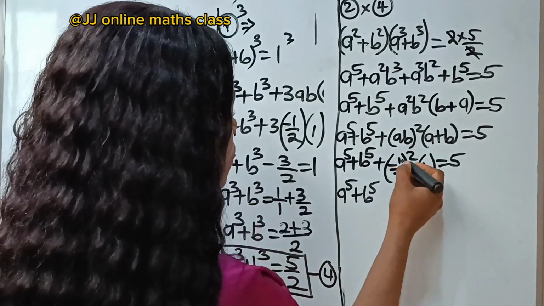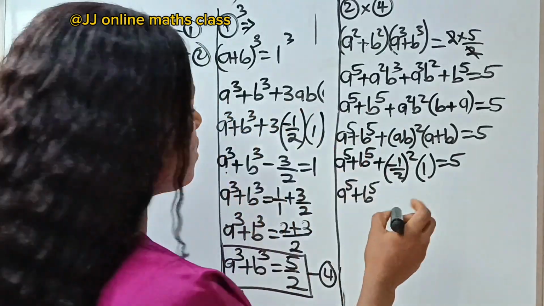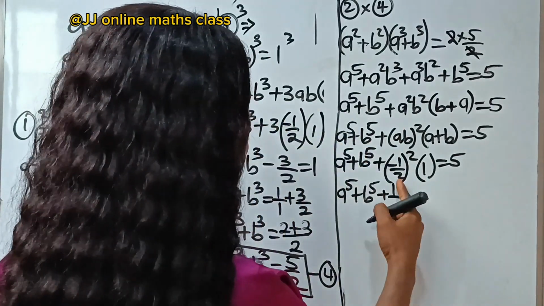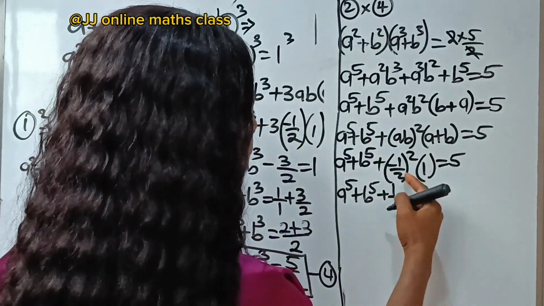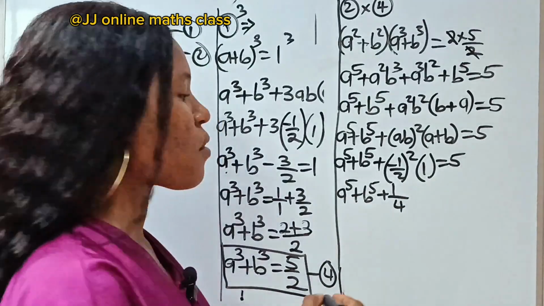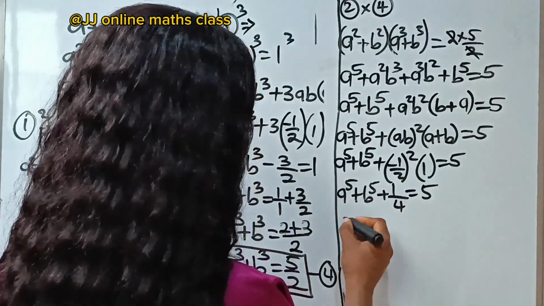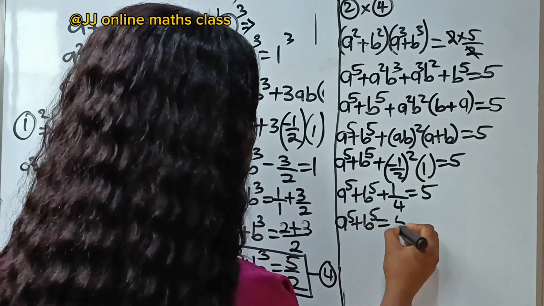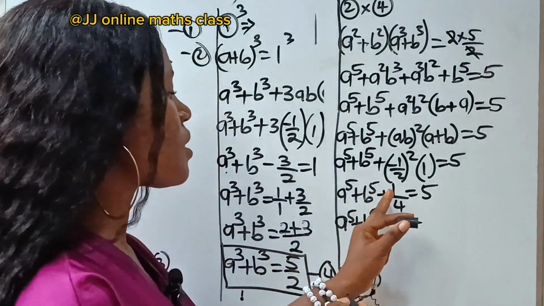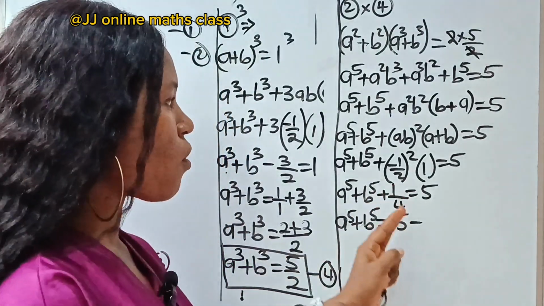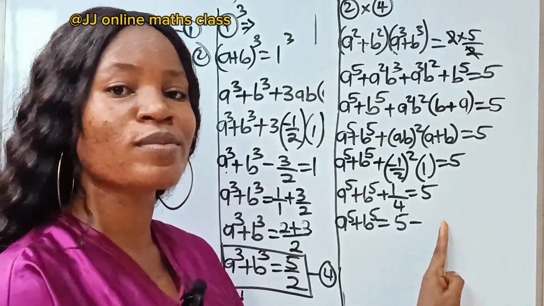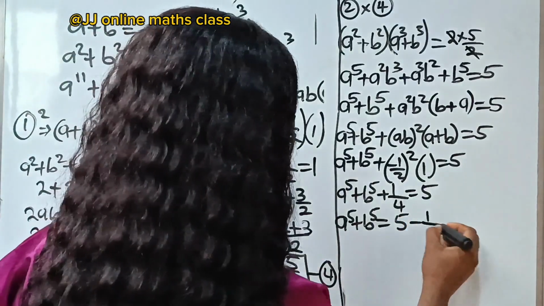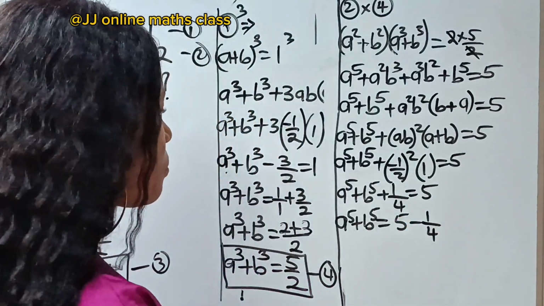Now, minus 1 squared becomes plus 1, right? So it's going to be plus 1 over 2 squared, which is 4. Then times 1 will still give you 1 over 4, is equal to 5. Now, a to the power of 5 plus b to the power of 5 is equal to 5 minus, because this plus 1 over 4, if it crosses this equation, it becomes minus 1 over 4, right? Minus 1 over 4.